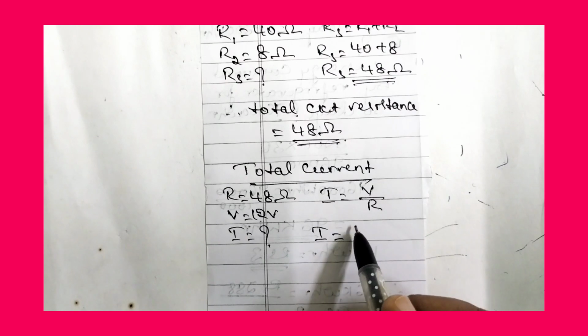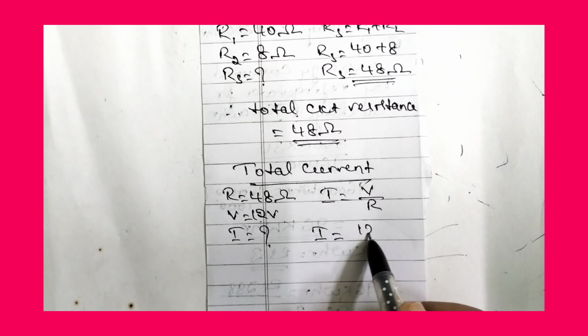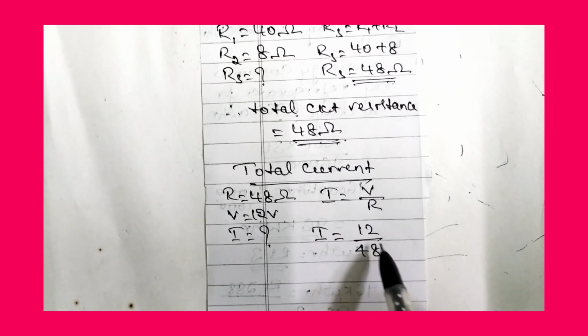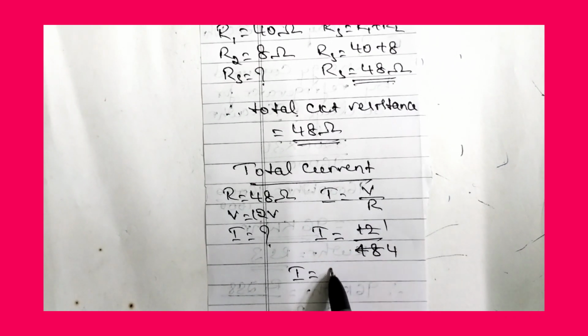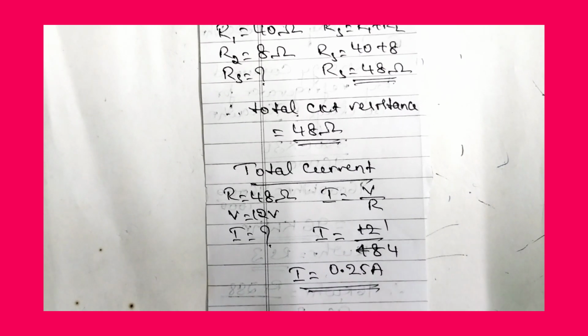So I is equal to 12 divided by 48. So I is equal to 1 by 4, which is equal to 0.25. Therefore total current that flows through the circuit is 0.25 ampere.